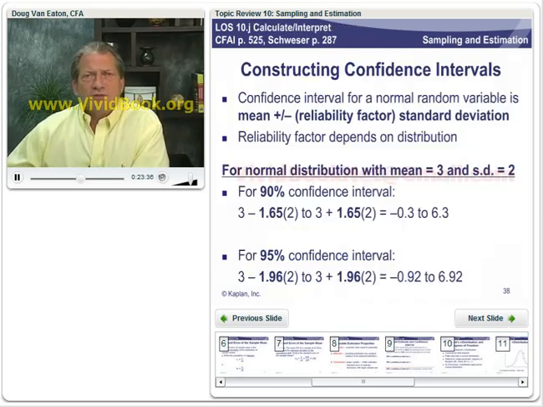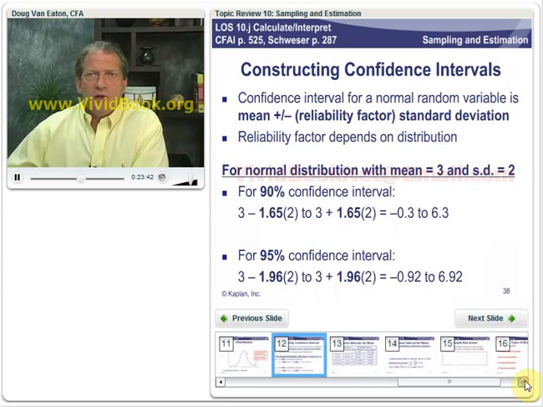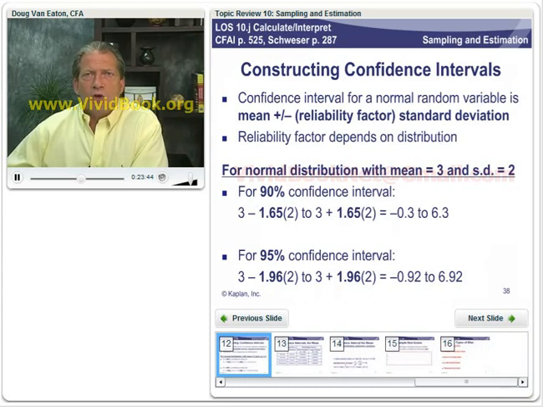So, more on constructing confidence intervals here. For our normal random variable, we take the mean plus or minus some reliability factor, depending on our amount of confidence or significance, times the standard deviation.